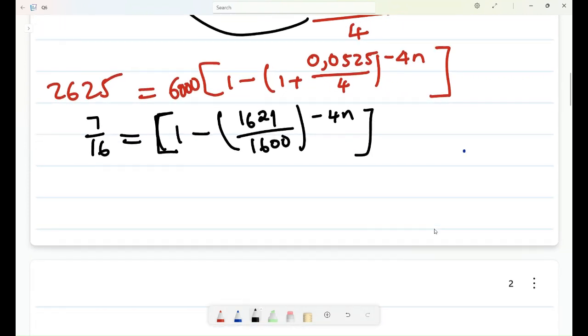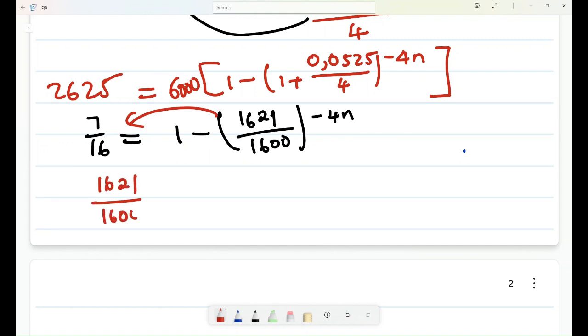Now, if I were to remove this, do you see what's happening here? So I can take this to the other side, right? So that it can be 1621 divided by 1600 to the power of negative 4n.